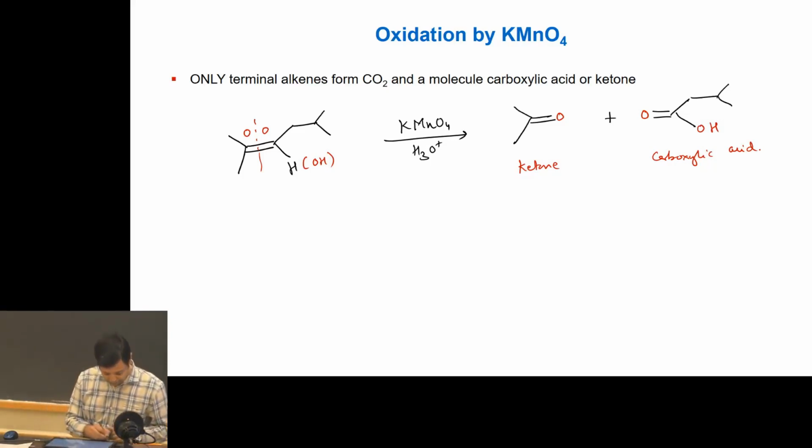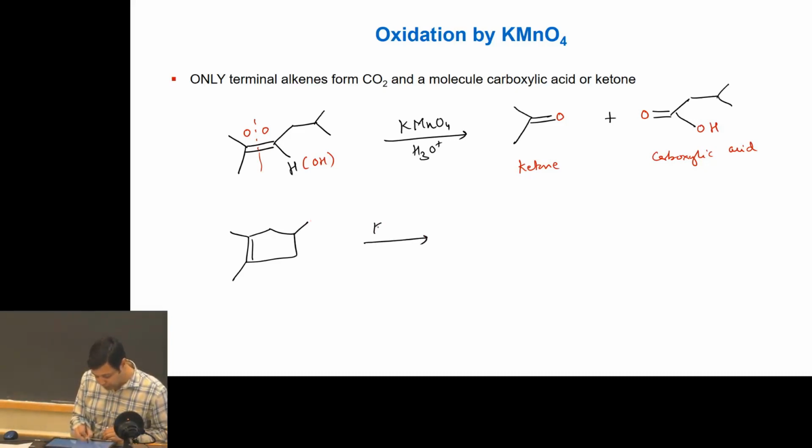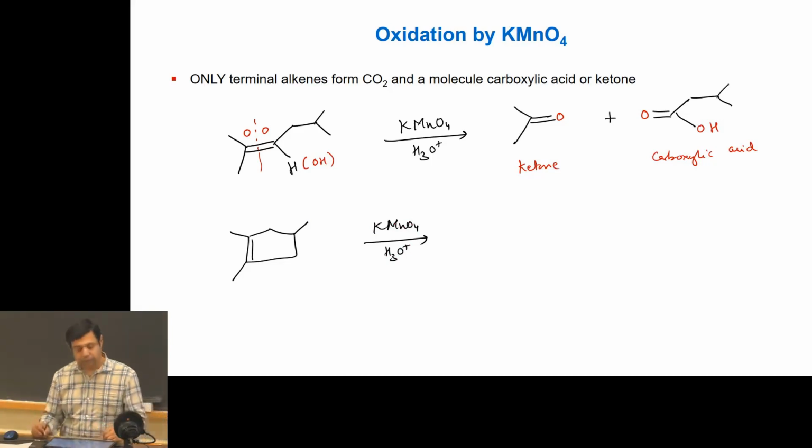Let's take another example. This time a cyclic compound. Let's say I have this molecule and I perform KMnO4 oxidation. The double bond is going to split up. You add oxygens on either side.